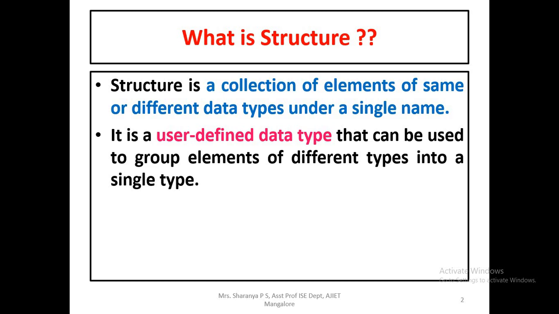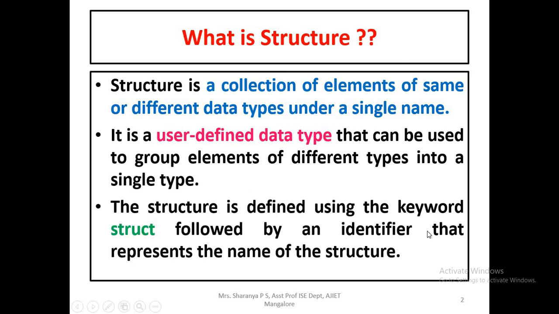So by using this user-defined data type, which I referred to as a structure, we can club together the different data types that we are using, which may be integer, float, character, all clubbed together as a single data type that we call a structure. The major keyword that we use here is struct, to indicate it is a special data type rather than the primitive data types.